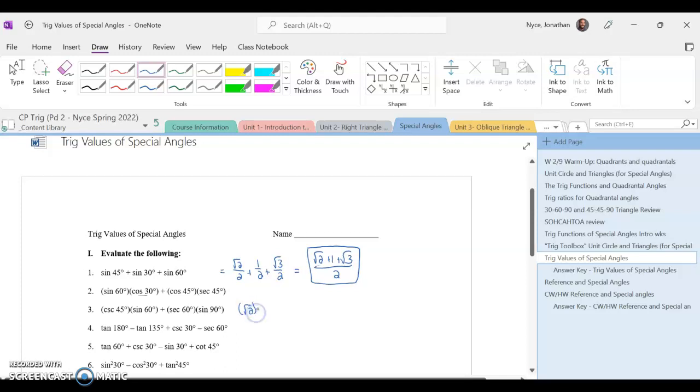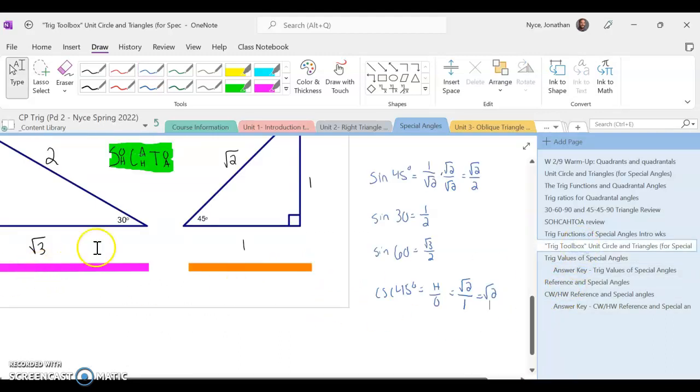And then I'm going to do the cosecant of 45 times the sine of 60 degrees. Well, we have the sine of 60 from that last problem. We know the sine of 60 is the square root of 3 over 2. Plus the secant of 60. So go to the trig toolbox. I know secant is the reciprocal of cosine.